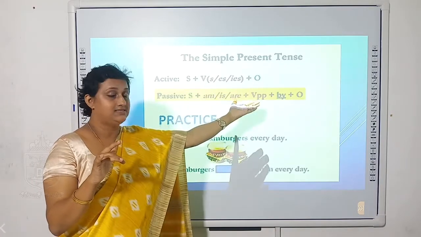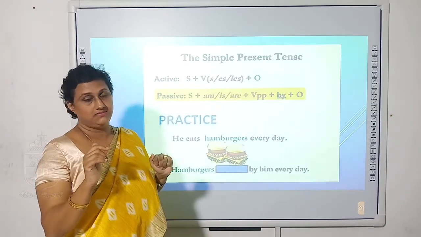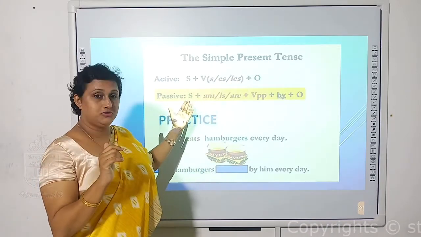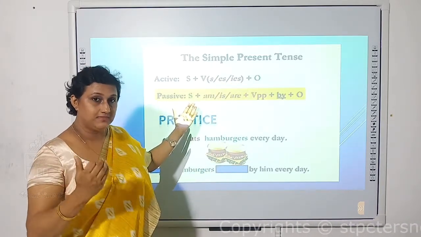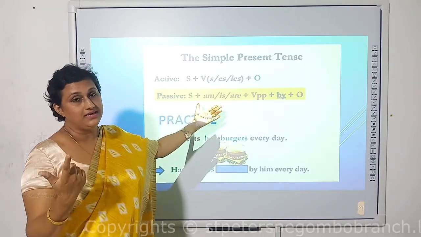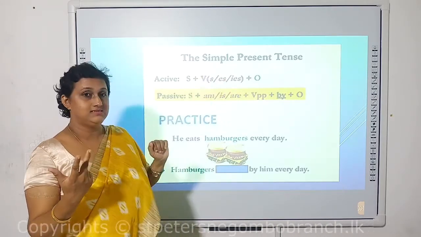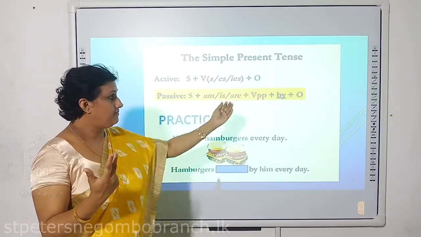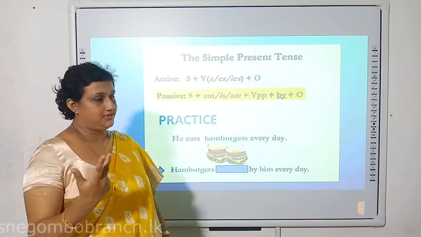Then you use by and the object. So in passive voice, this object has come to the top and is the subject of the passive sentence. Then you use am, is or are, since it is simple present tense, then the past participle of the verb, then by with the object.